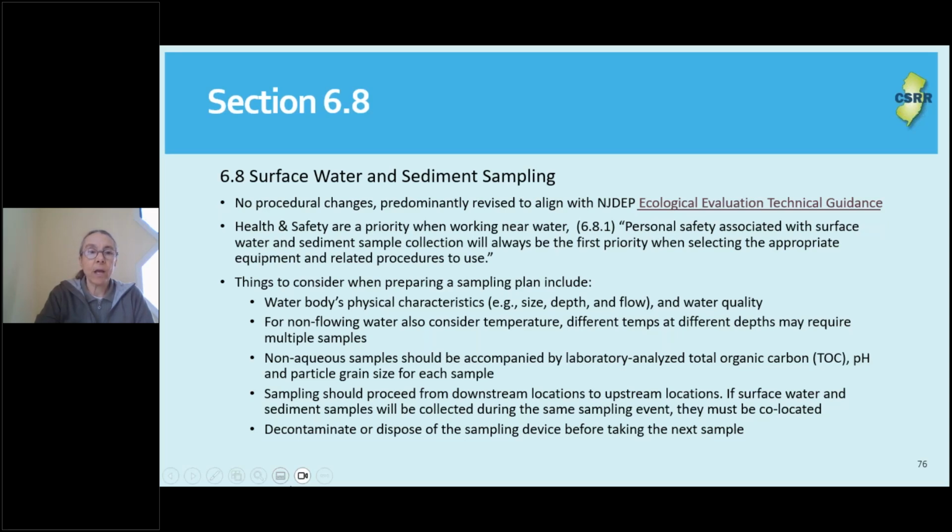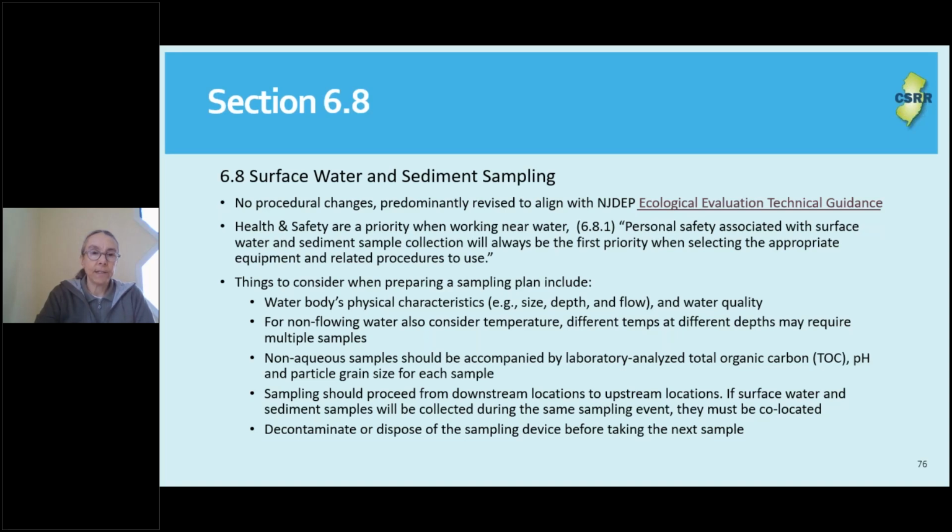And again, health and safety is a priority when working near water. Section 6.8.1 specifically states personal safety associated with surface water and sediment sample collection will always be the first priority when selecting the appropriate equipment and related procedures. Things to consider when you're preparing your sampling plan for surface water and sediment sampling.